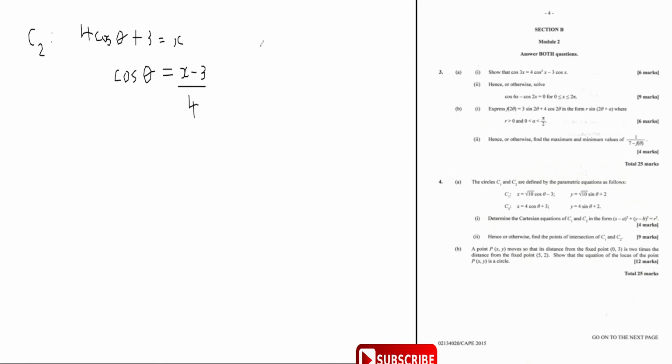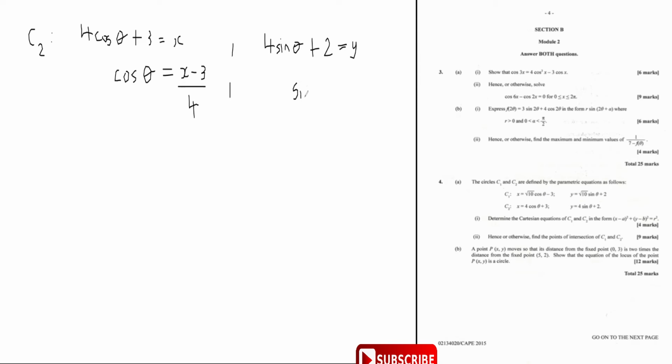And then over here, this is x, and this is y. It told us that y is 4 sine theta plus 2. So we have 4 sine theta plus 2, and this is equal to y. So we need to make sine theta the subject.